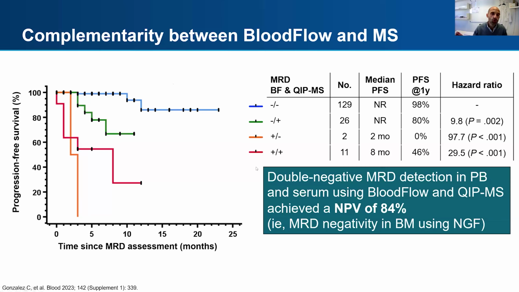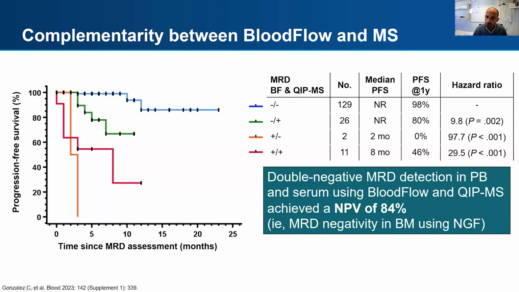What we showed 2 years ago at ASH in 2023 was that by using blood flow and mass spectrometry, therefore blood and serum, if both methods are negative, the risk of progression is very low. By contrast, if one or both of the two methods are positive, the risk of progression becomes significantly higher.